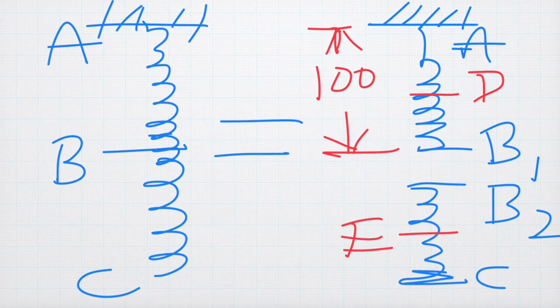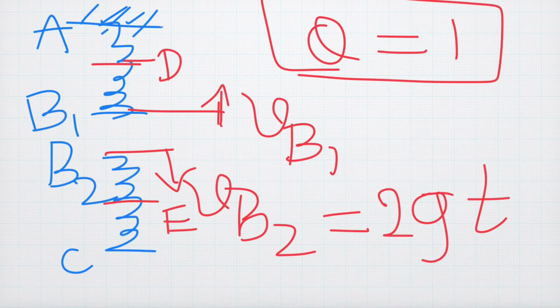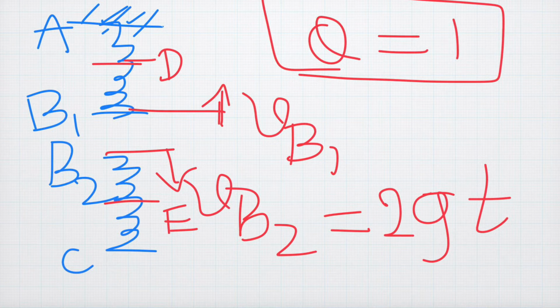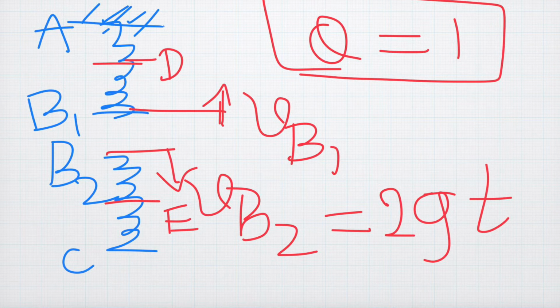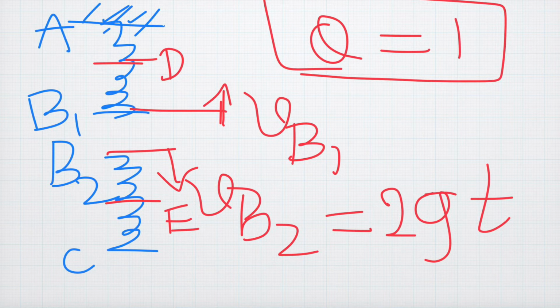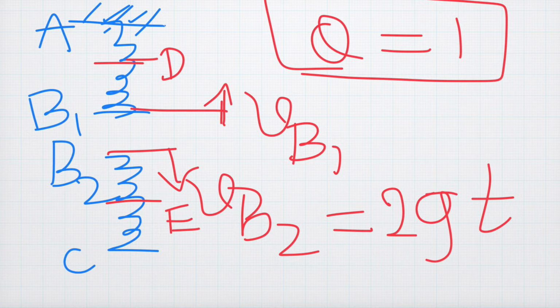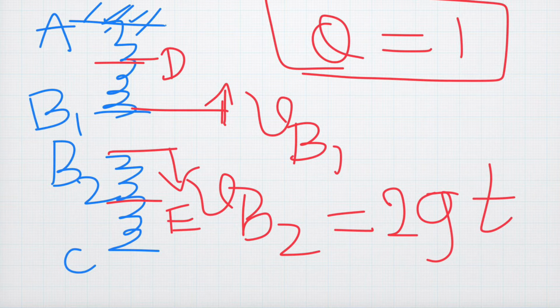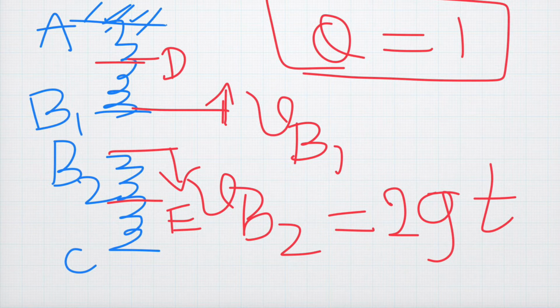Look at this. If the center of gravity of the whole system is to be falling down at the velocity V equals gt, but already one half of the spring is falling down at velocity V equals gt, also we are having one peculiar thing, that the point B will move as B1 upwards with the velocity.